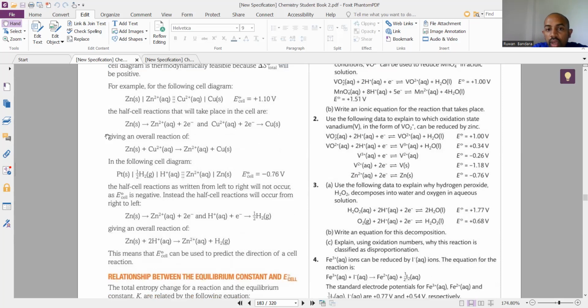So based on that, now look at this. In this reaction, E naught cell is positive. Therefore, we can say already the reaction is feasible.